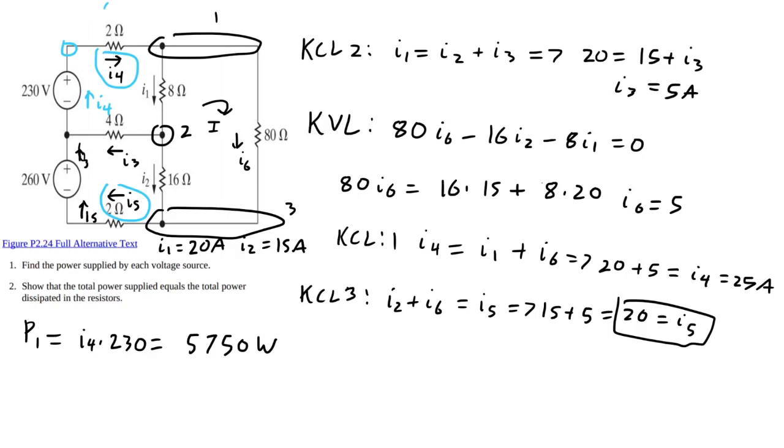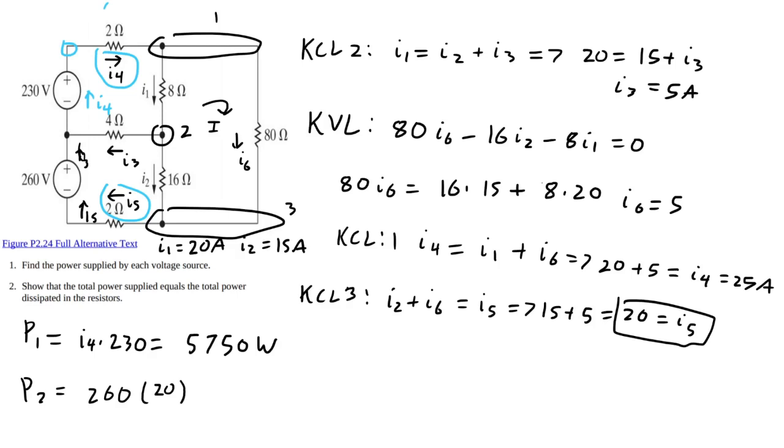Let me do that one more time. We have power 2 is going to be 260, and then we have I5 is going to be 20 amps.